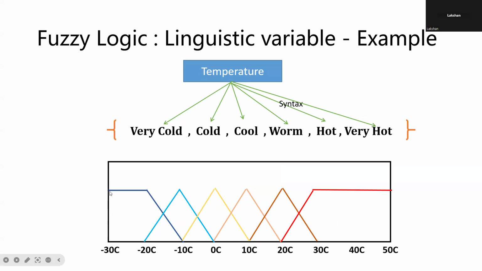So starting from -30 to -10, people feel very cold. Then from -20 to 0 Celsius, they feel cold. From -10 to 10, they will feel cool. Likewise, each and every person can feel the same temperature in different ways.